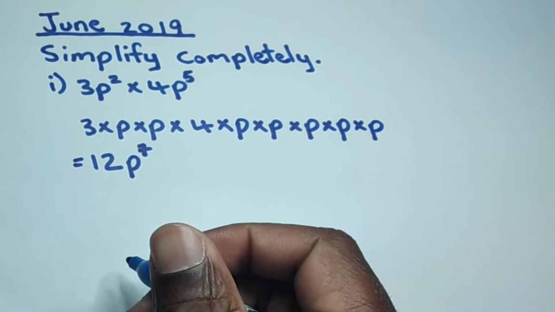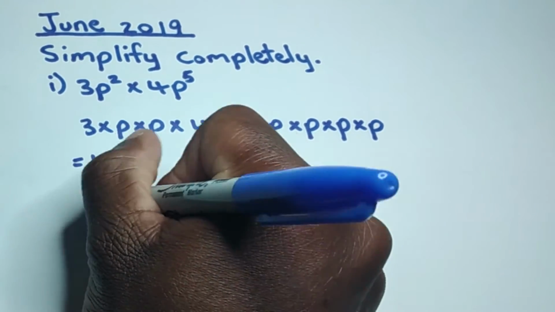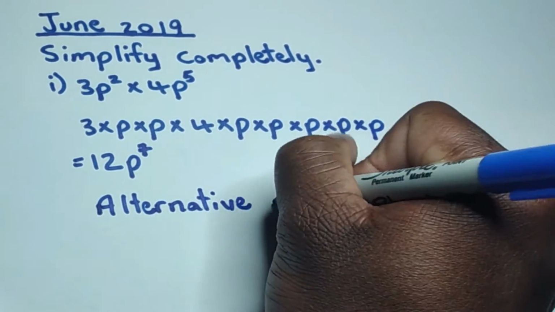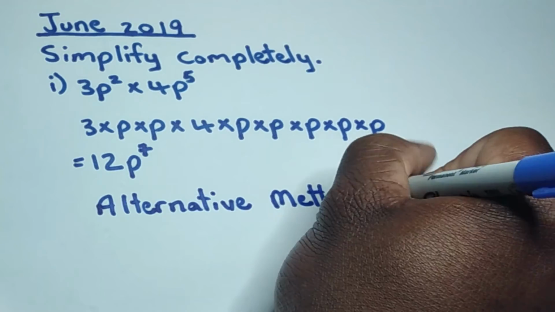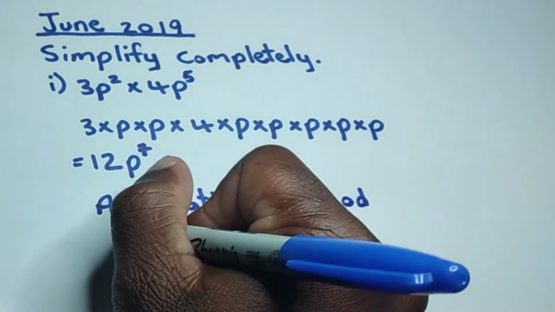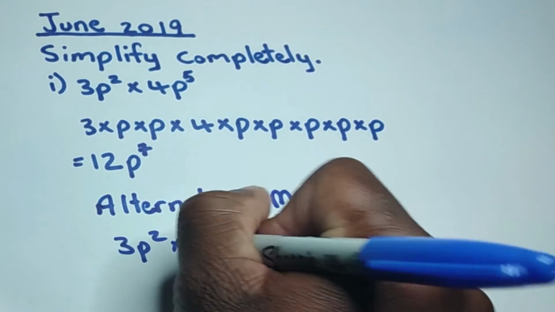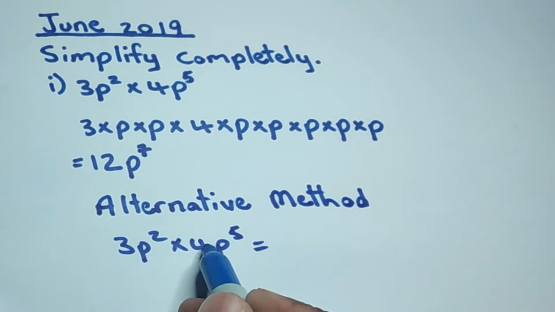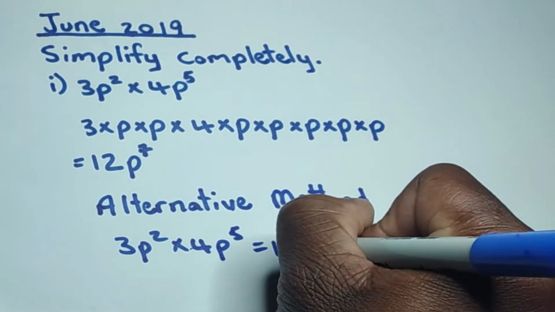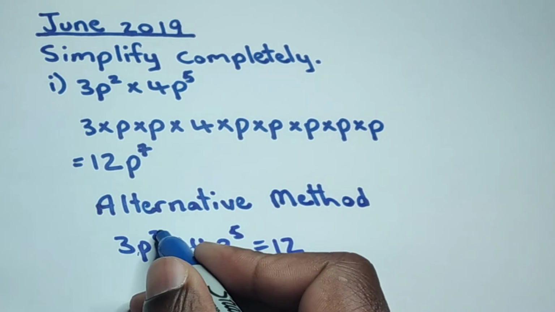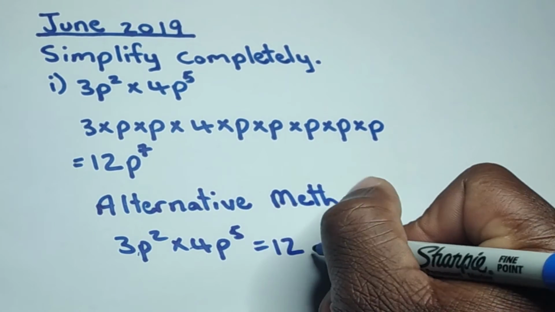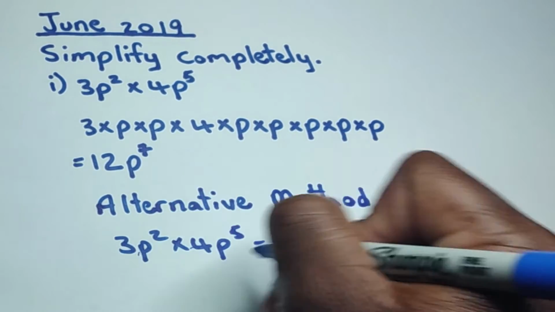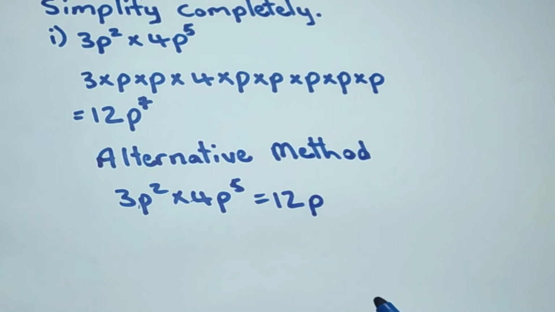Now another way how we could look at it, so this is an alternative method now. Alright, so here we have the same 3p squared times 4p to the 5th power. So again, we can multiply the numbers, so 3 times 4, that's 12, and because we have p squared times p to the 5th power, being that both the bases are the same, so we have p here, and we are multiplying them, so we can use the law of indices, alright?